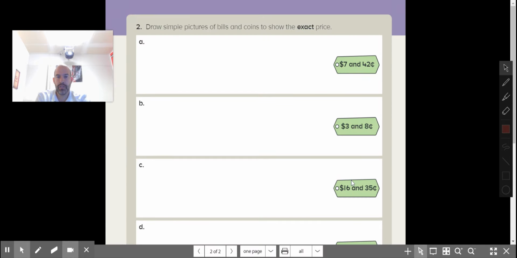On the second page, it asks you to draw simple pictures of bills and coins to show the exact price. All right. So show bills and coins. I'll give you one example here.